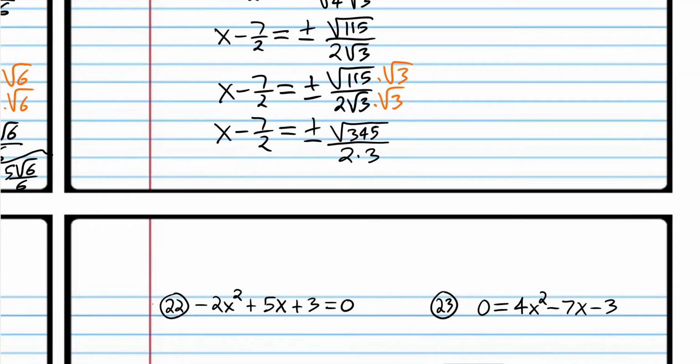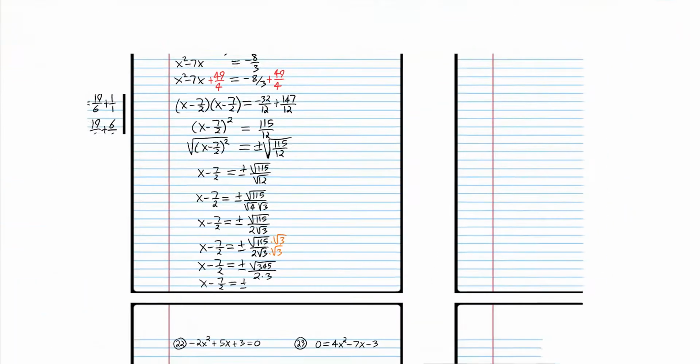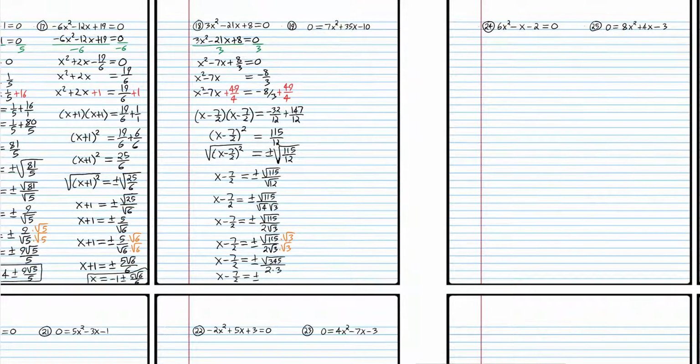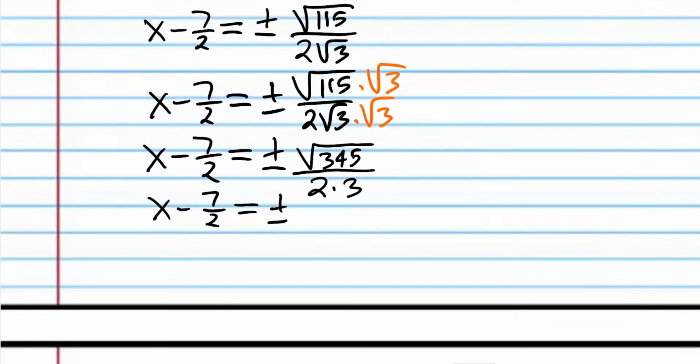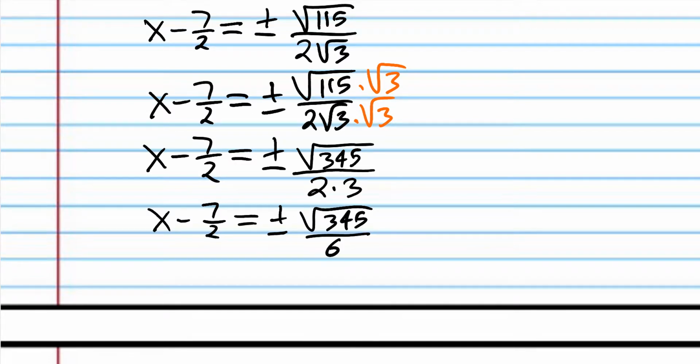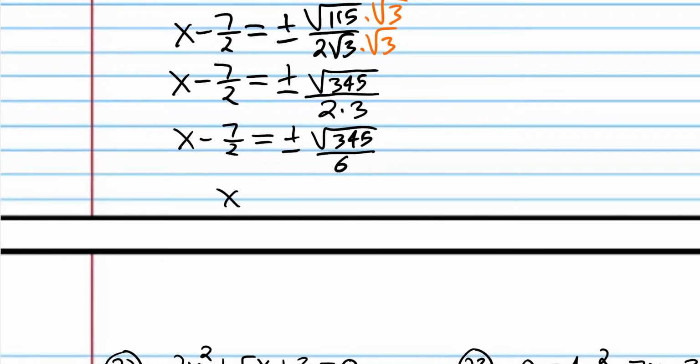And then we have x minus 7/2 is equal to plus or minus, let me get some room here, and then finally we have x is equal to 7/2 plus or minus root 345 over 6.